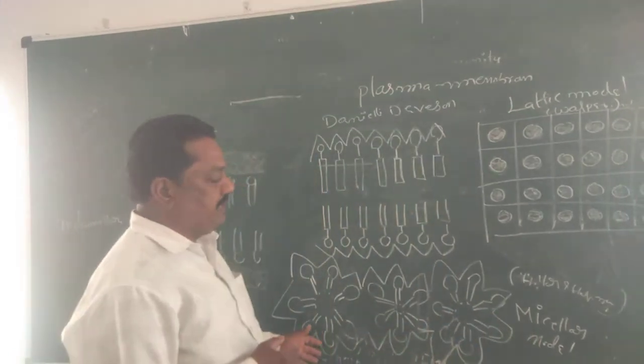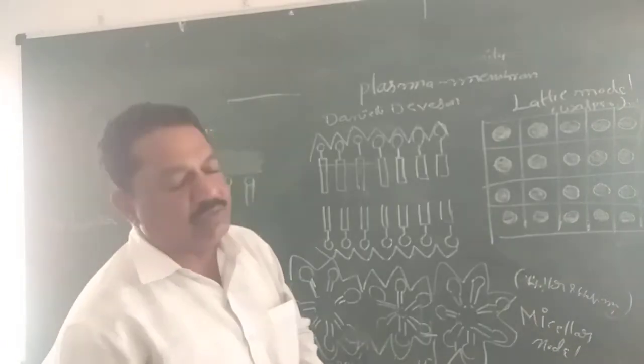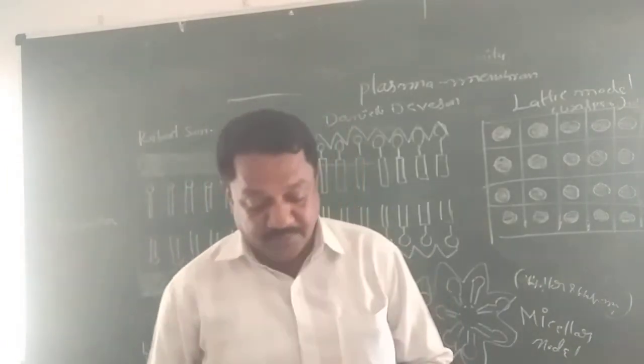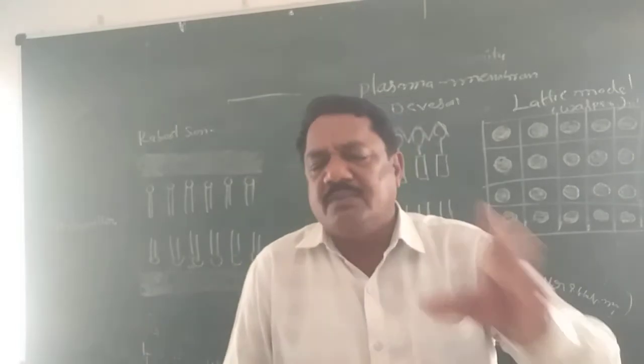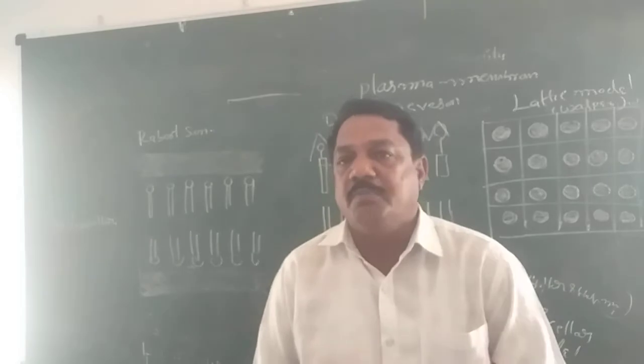The fourth one is the micellar model, given by Hiller and Hoffman. The last is the fluid mosaic model. Like that, five important models are given to explain the internal structure of the plasma membrane.